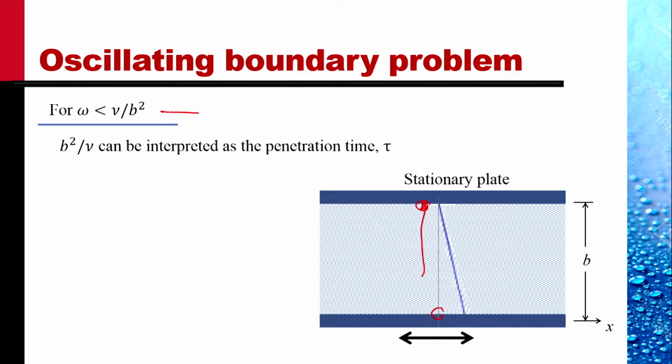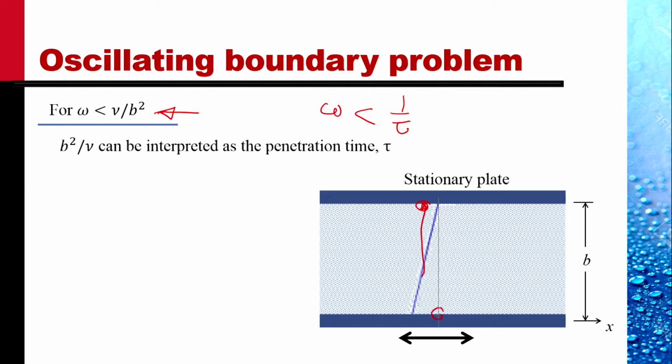Then this condition, omega less than nu by b square, translates into omega is much less than 1 over tau. That means the time required for flow velocity to penetrate up to the upper plate is much less than the time of fluctuation of the velocity of the lower plate.